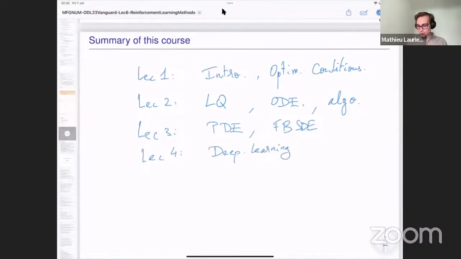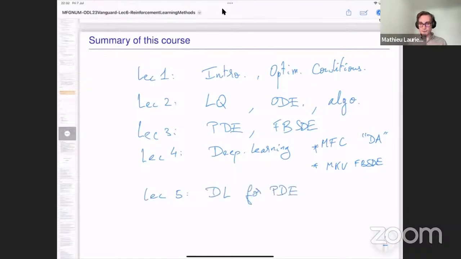So I started with deep learning for MFC, the so-called direct approach. And then we did McKean-Vlasov FBSDEs. Lecture 5, this was this morning, probably very fresh in your memory, but still. It was about deep learning for PDEs.